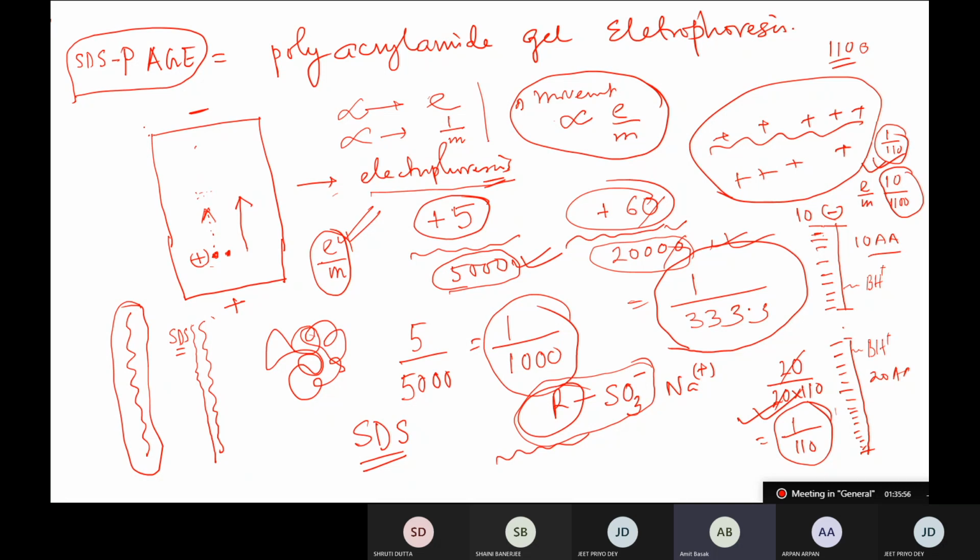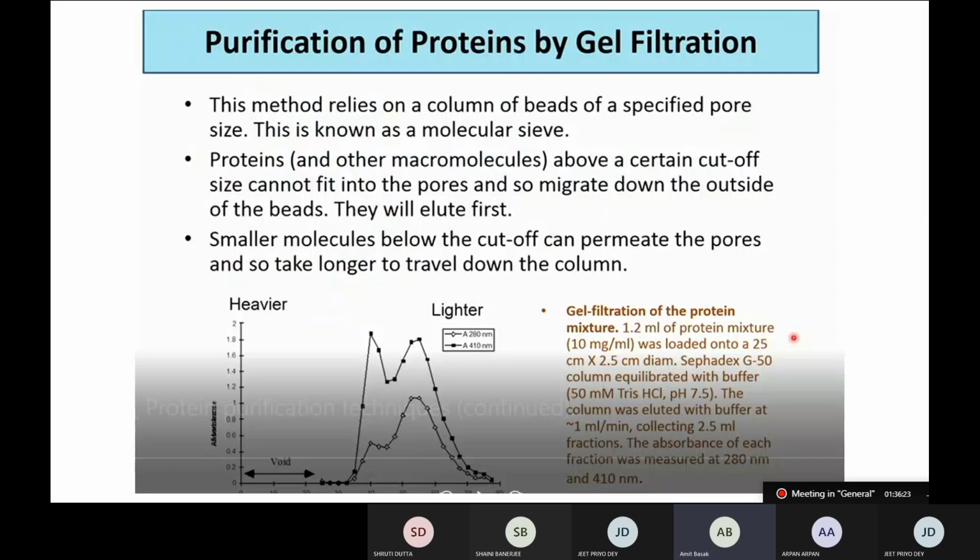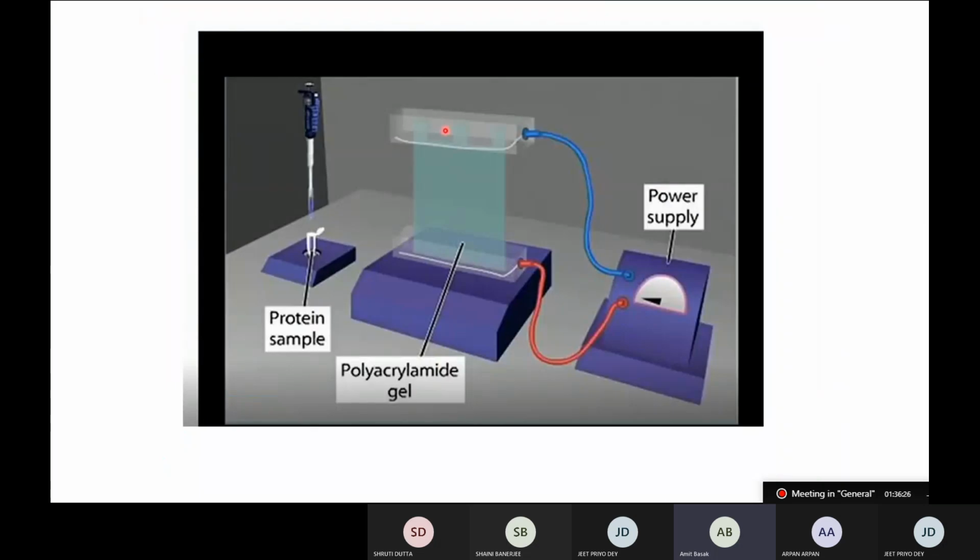So now the charge per unit mass is the same for both the proteins, and the only deciding factor for movement is mass. Higher molecular weight will move slower, lower molecular weight will move faster. I think there is a picture. Okay, this is how the electrophoresis is done.